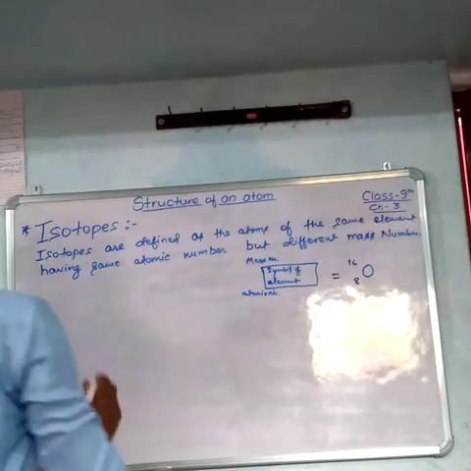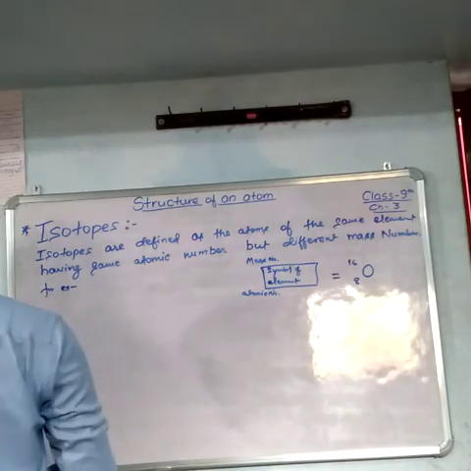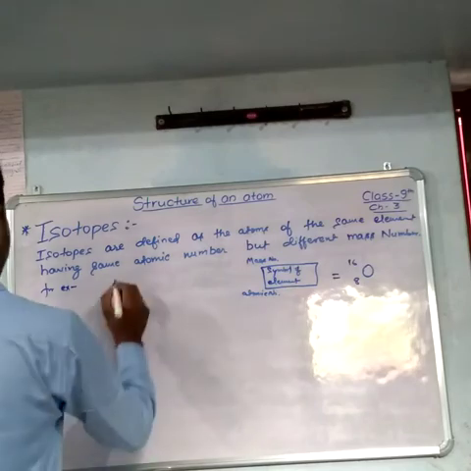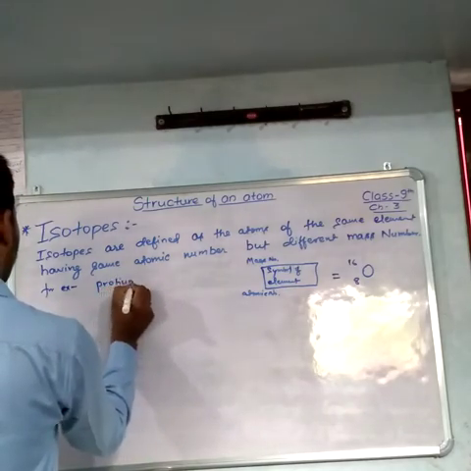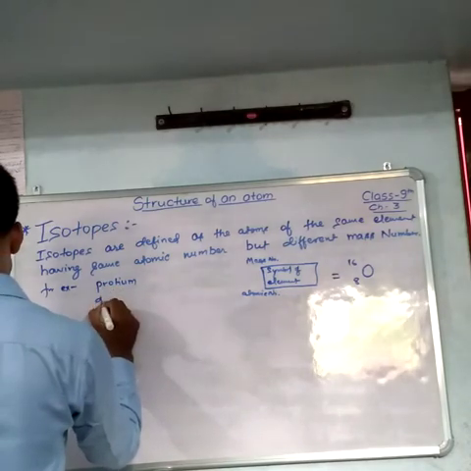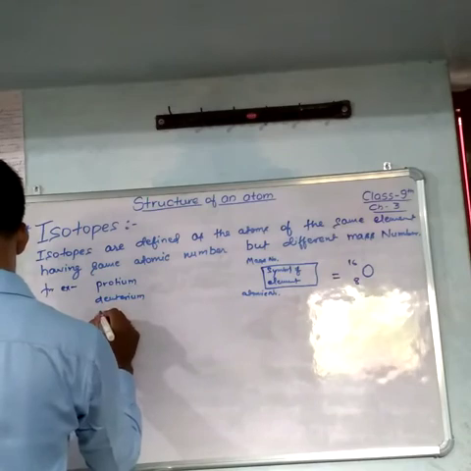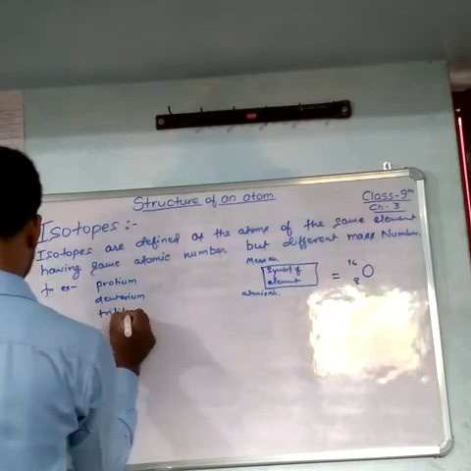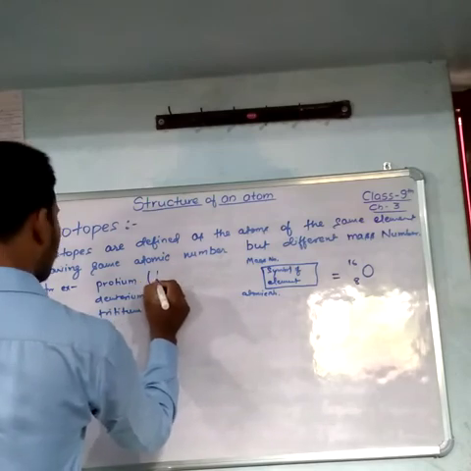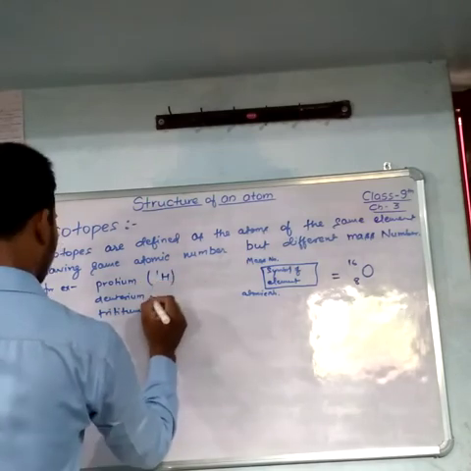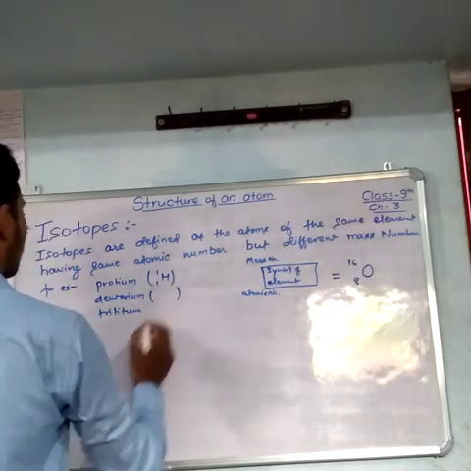Okay, for example, protium, deuterium and tritium having the same atomic number.